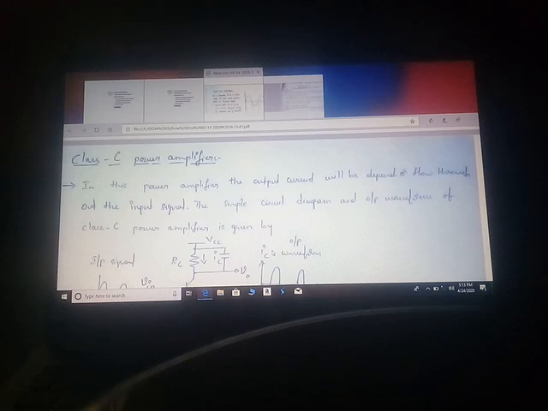You can consider other signals also, but the accurate phase shift will not occur in any type of input or output signal. So the same point which is related to Class A and Class B will be the same point for the Class C power amplifier.